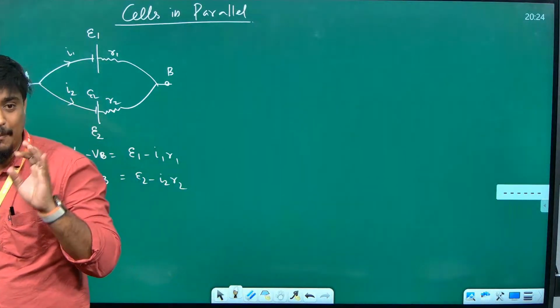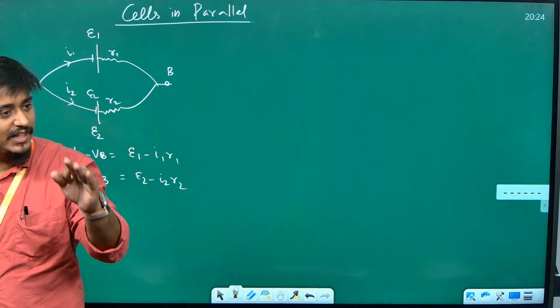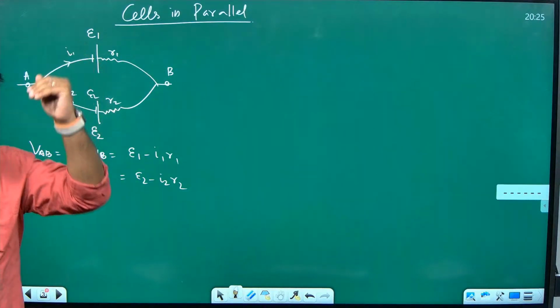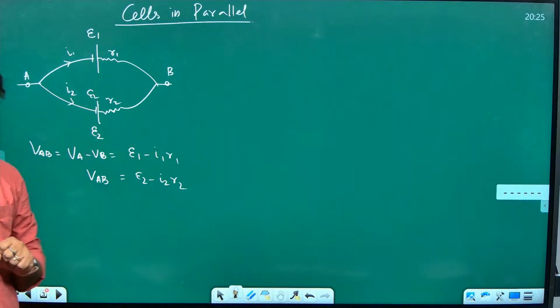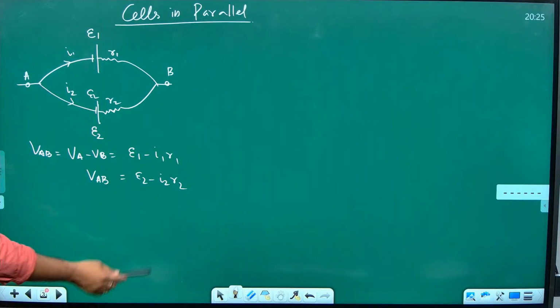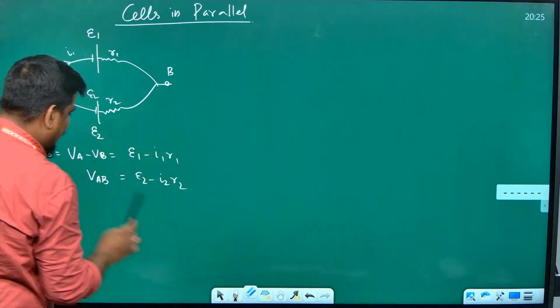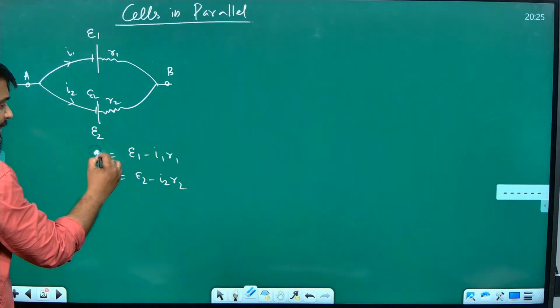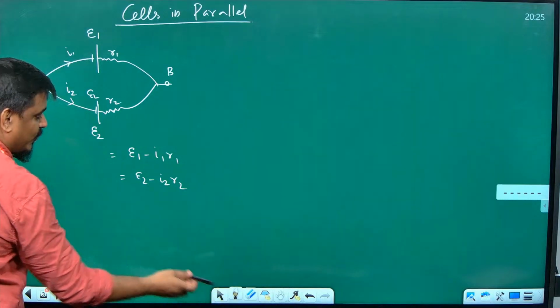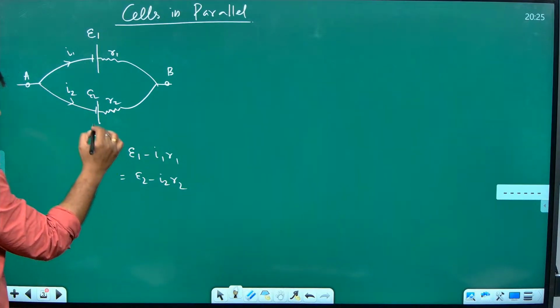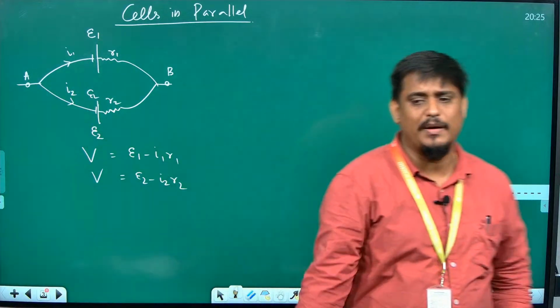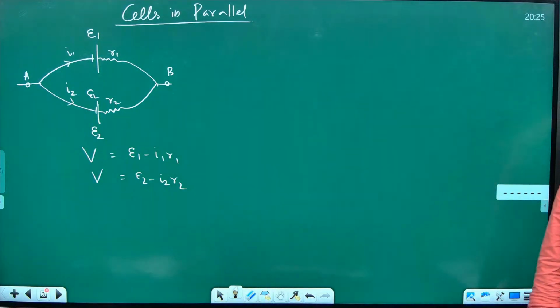Never forget this: capacitor, resistor, cell, inductor, any electrical device in parallel connection will have the same potential. So instead of writing all these VA, VB and confusing yourself, just be simple. V can be written as E1 minus I1 R1, or it can also be written as E2 minus I2 R2.